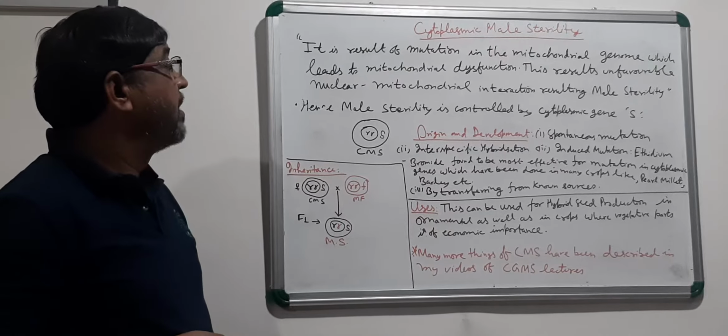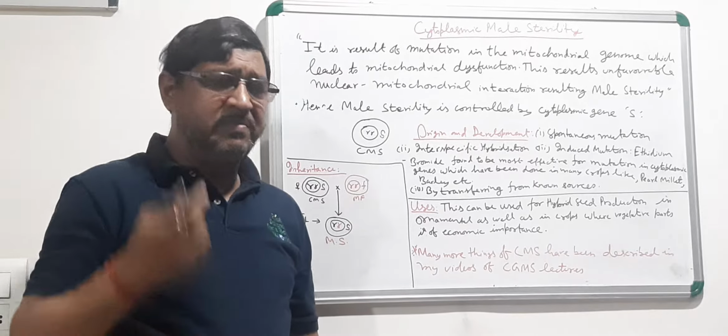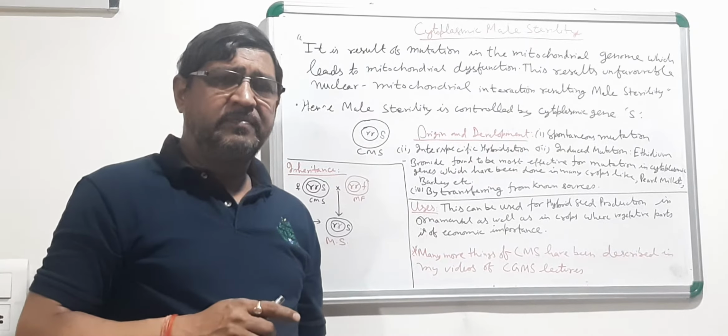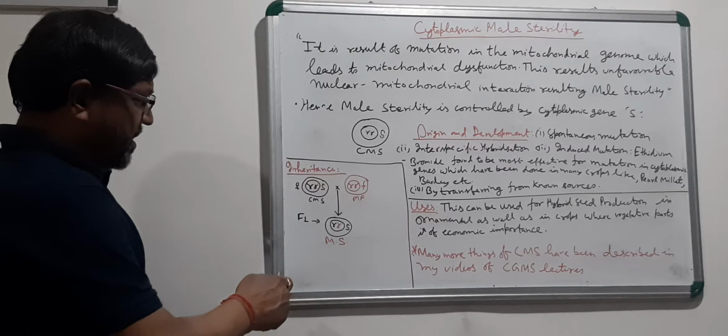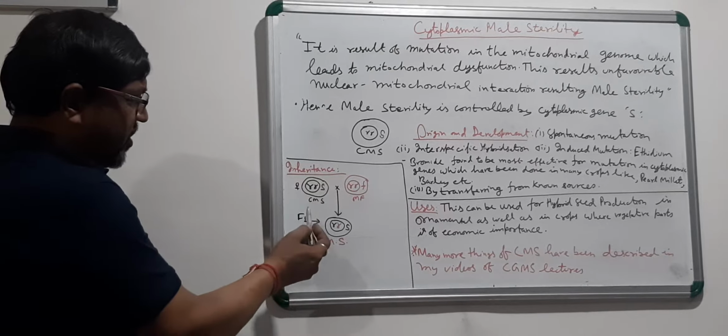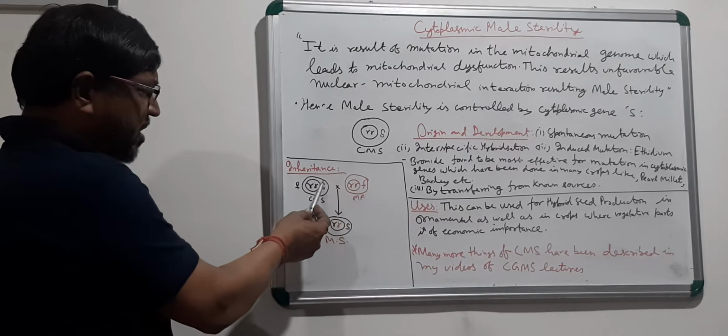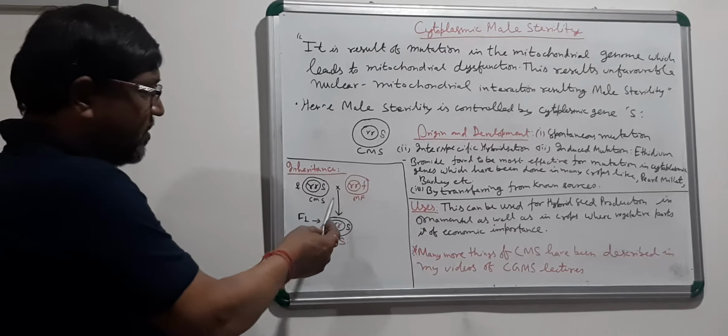Or it can be transferred from known sources, as I have described in my back cross breeding program and somewhat in my CGMS system lectures. Now the inheritance: in this CMS, the nuclear gene is normal, but in the cytoplasm capital S is available.